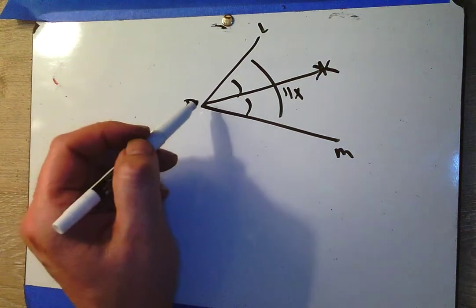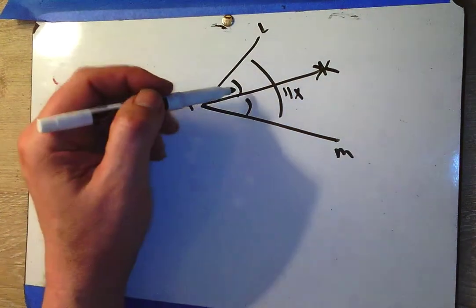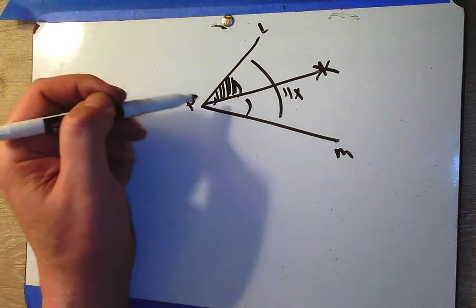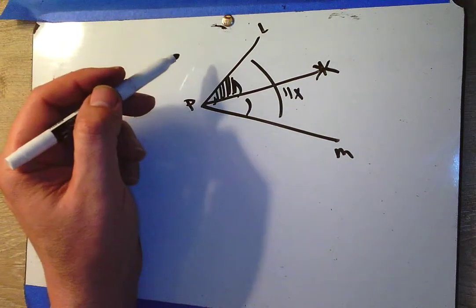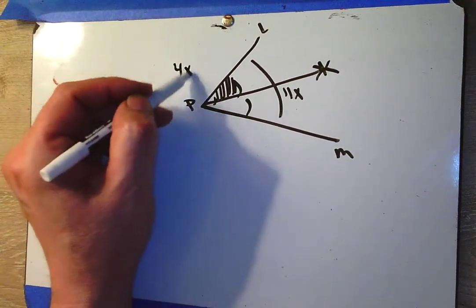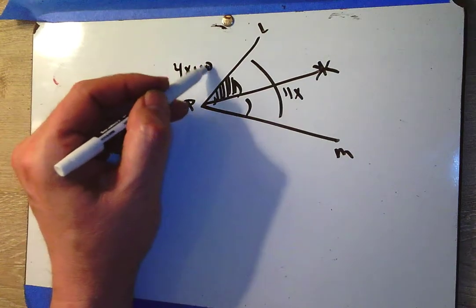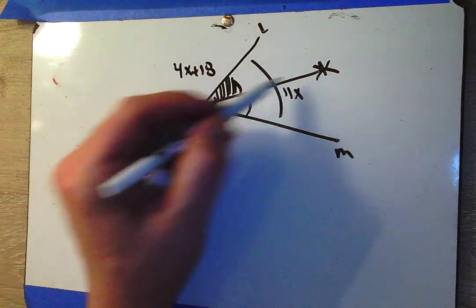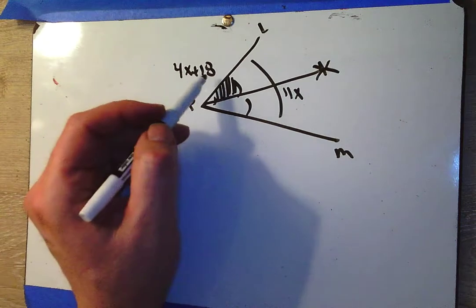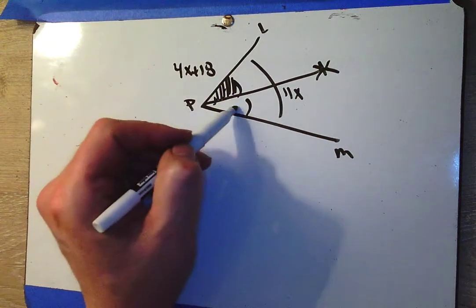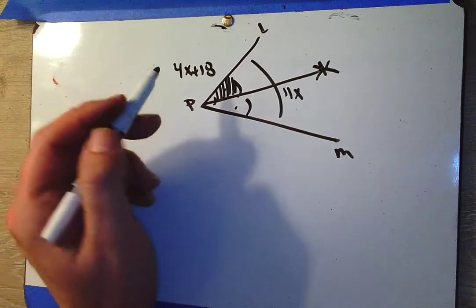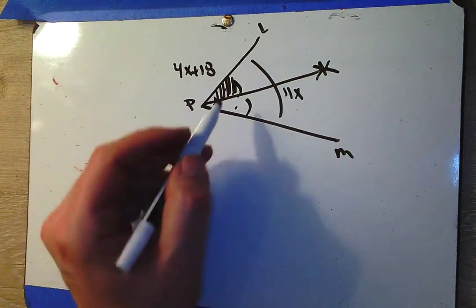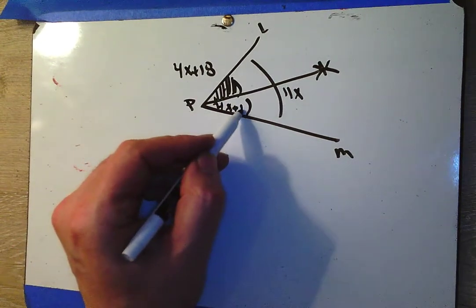The measure of angle LPK, this angle here, is 4x plus 18. What is the measure of angle KPM? Well, if I can find out what this angle is, I know this angle is the same. So let's find out. Okay, we know 4x plus 18.